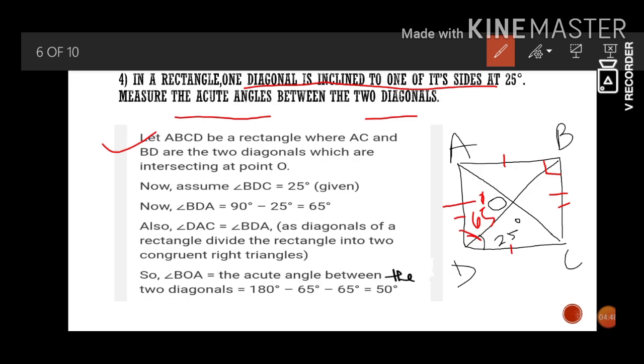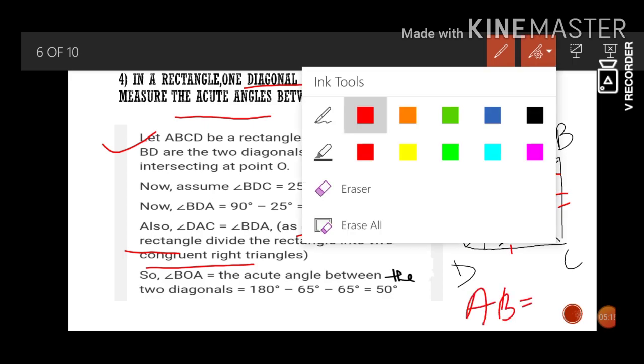So, as we know that the diagonals of a rectangle divide the rectangle into two congruent triangles, we can say angle DAC is equal to angle BDA. Now each of the congruent triangles, and also the property of a rectangle that the diagonals bisect each other and are equal. That means the diagonal AB is equal to the diagonal AC.